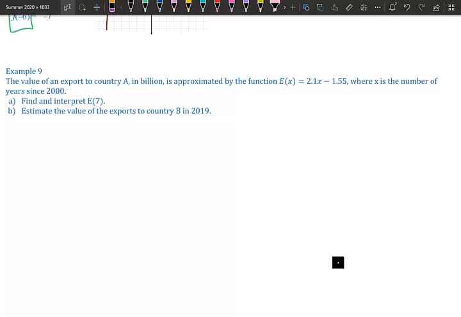So e of 7, we're saying x is 7. It says x is the number of years since 2000. I always do that. So we do 2000 plus 7, and that's 2007.